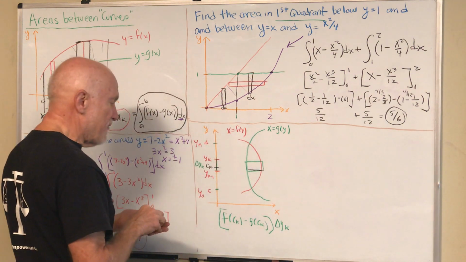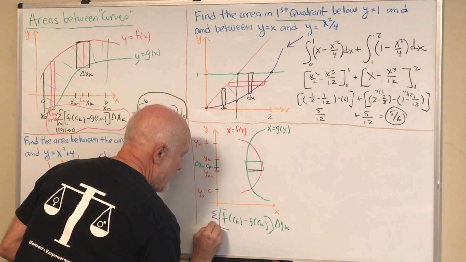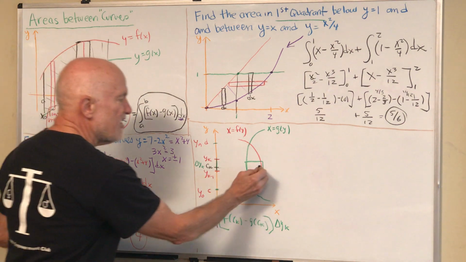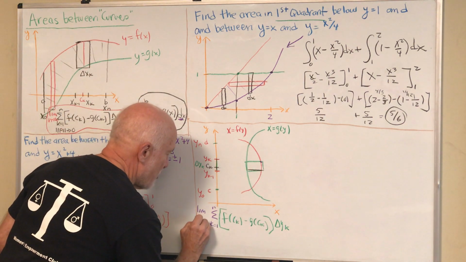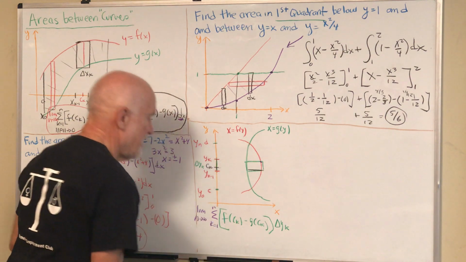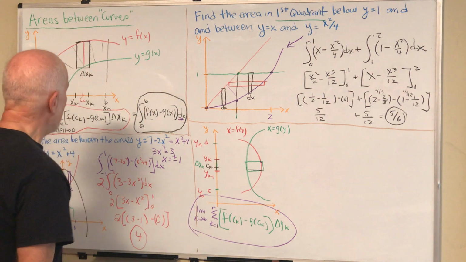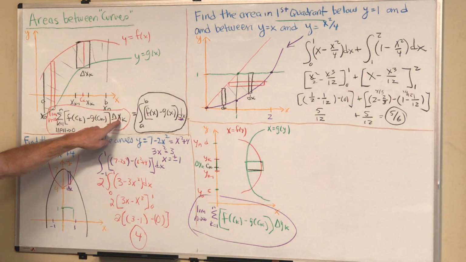But we have n of them, so we better add them up from k equals 1 to n. But we don't want this error in here, so we take the limit as n approaches infinity. And what do we have? We have the exact same thing that we had up here, except now it's y instead of x.